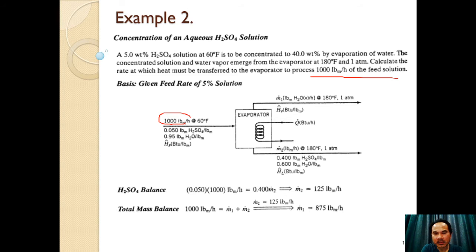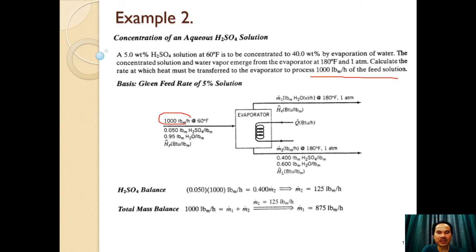You have to do the mass balance first. For this case, the feed rate is a 5% solution, and the basis is 1,000 pound mass per hour of the feed. First step, we have 3 unknowns in total, including energy. We have 2 unknowns in the mass balance and 2 independent balance equations, so you can solve the mass balance. We balance on sulfuric acid first.